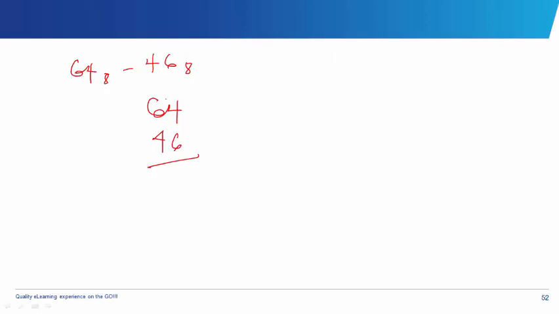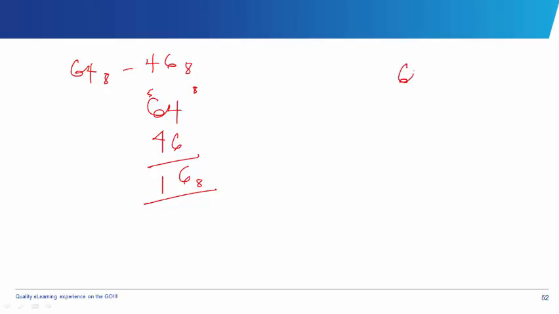And when you add, the one you borrow will be 8. Okay, because we're working with base 8. 8 plus 4 is 12. 12 minus 6 will give you 6. So we'll have 5 here left. 5 minus 4 will give you 1. So our answer is 16 base 8.